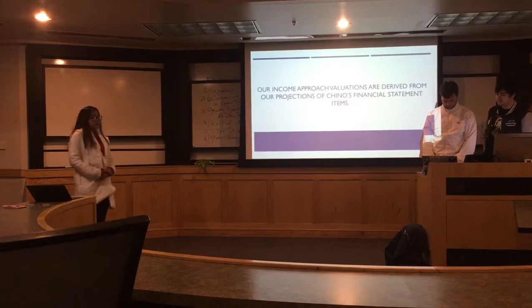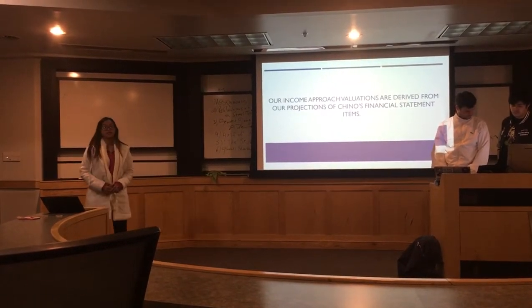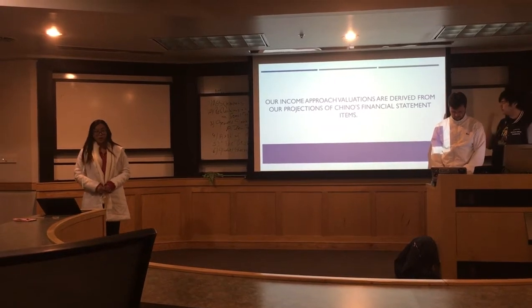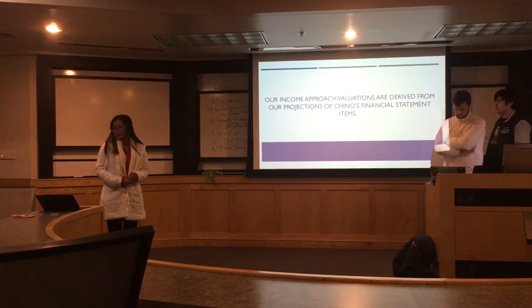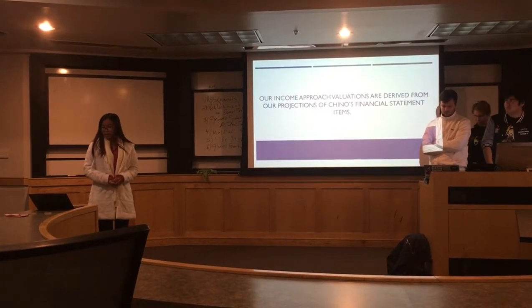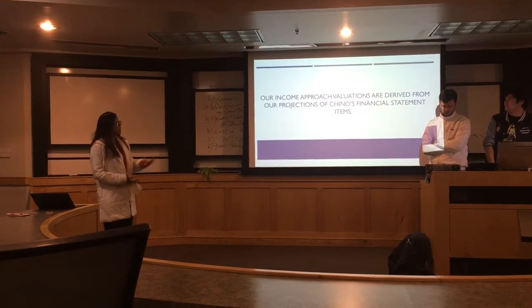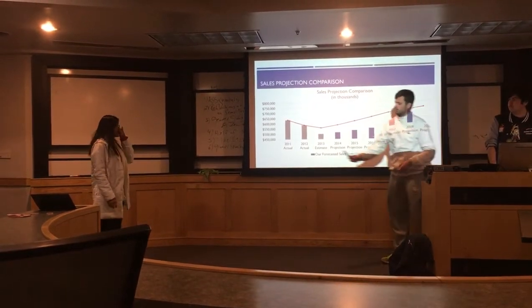Our income approach valuations are based on the following projections of Chino's financial statements. We have a detailed income statement on page 10 that details the following projection if you would like to take a look. The following charts are similar to those of Chino's projection.